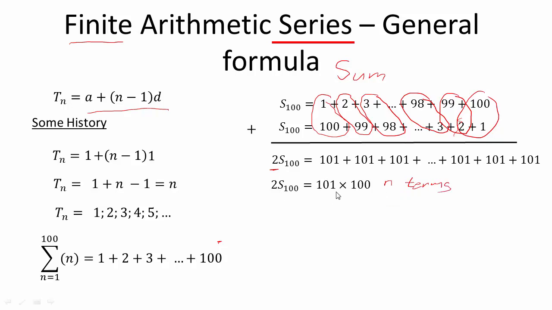That simplifies this greatly. We can say 2 times S, the sum of 100, is equal to 10,100. We can simply divide that by 2, and we get 5,050. Here's an extremely quick way to add up the first 100 numbers. And this is what Gauss figured out when he was just 8 years old.